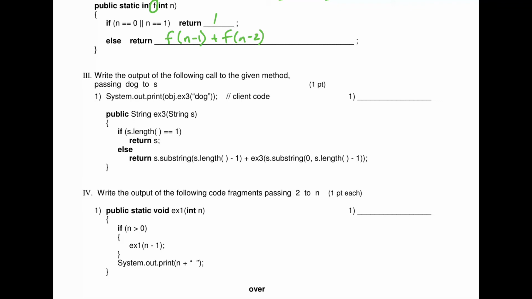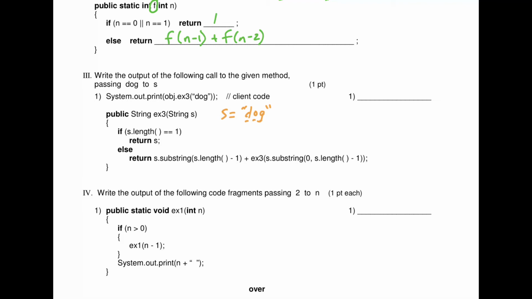All right, so for this part 3 here, we have s is going to equal dog to start. So then if s.length is equal to 1, clearly that length is not equal to 1. We're going to return s, but we're not going to do that. So then we go to else, and we're going to return the substring s.length minus 1.